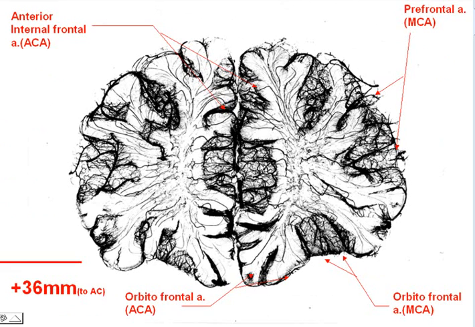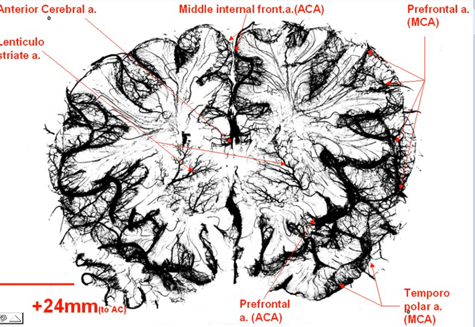This is a coronal view. The interhemispheric segment of the ACA comes up and ends in the superior frontal sulcus, but in each surface branch there are extra branches going into the depth of the white matter. And this is the lenticulostriate artery going into the caudate nucleus.